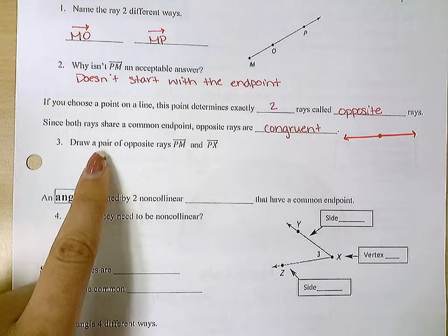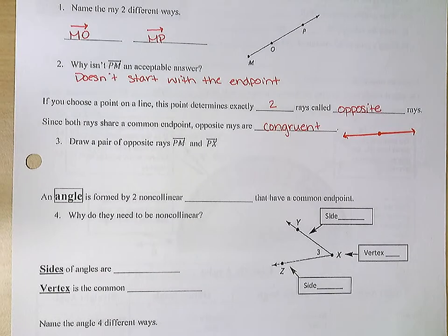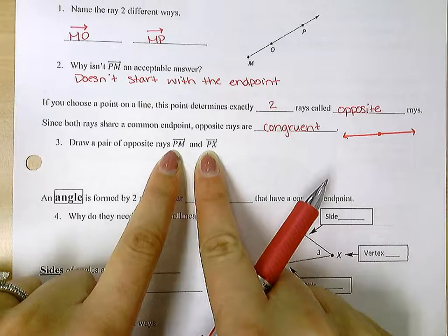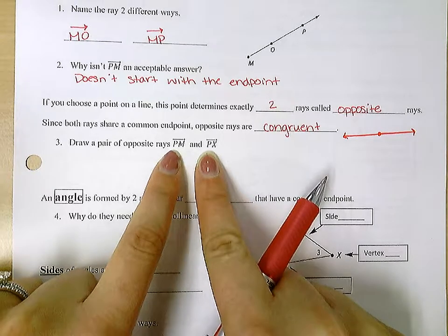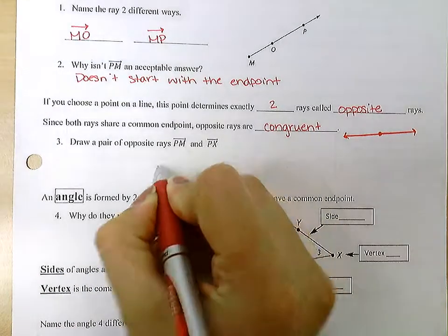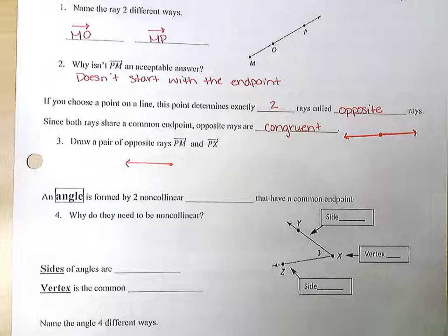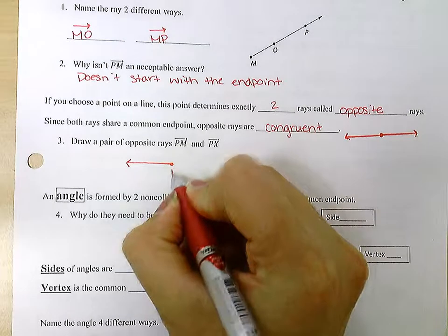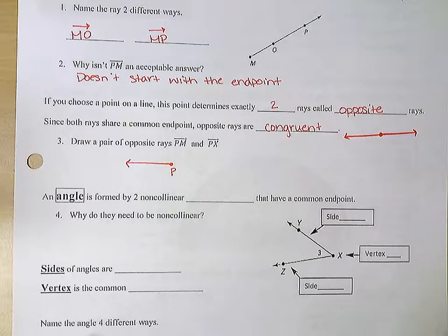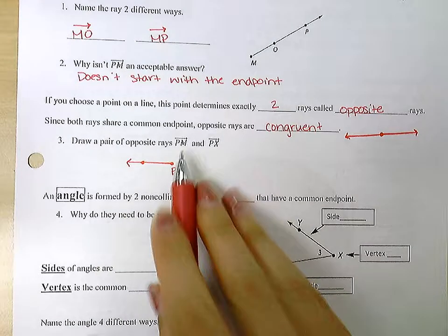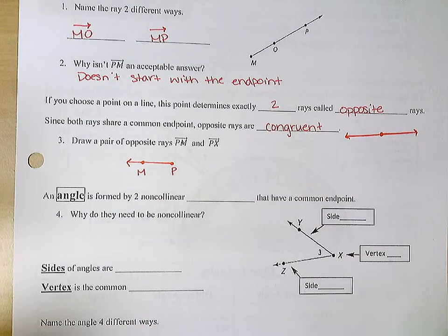So we're going to draw a pair of opposite rays, ray PM and ray PX. Notice how when I'm labeling my rays here, both of them start with P. That means P has to be that endpoint. So I'll have one ray going to the left, and I know my endpoint has to be point P. And then I need another point on that ray for M. So here's one of my rays.